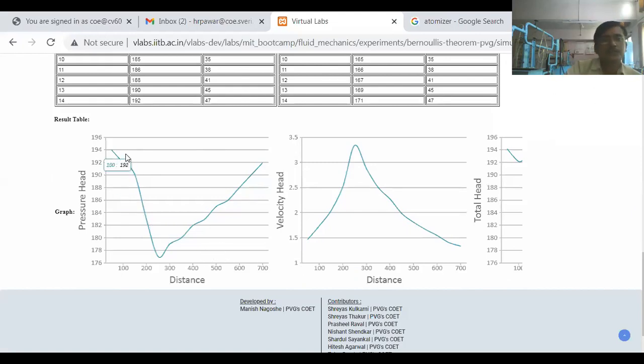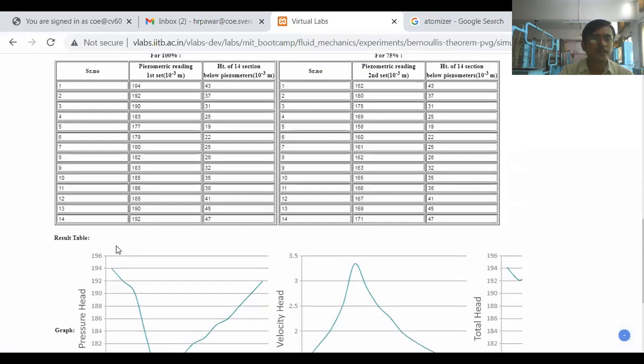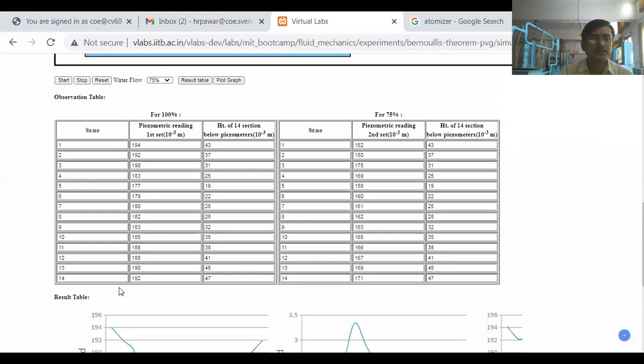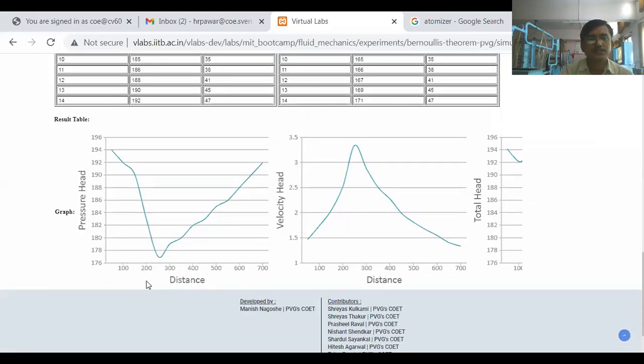This is the graph for the pressure head. So this is the distance, and this is the height, 176, 178, 180. This is the head, we can say, and this is the distance, 100, 200, 300.